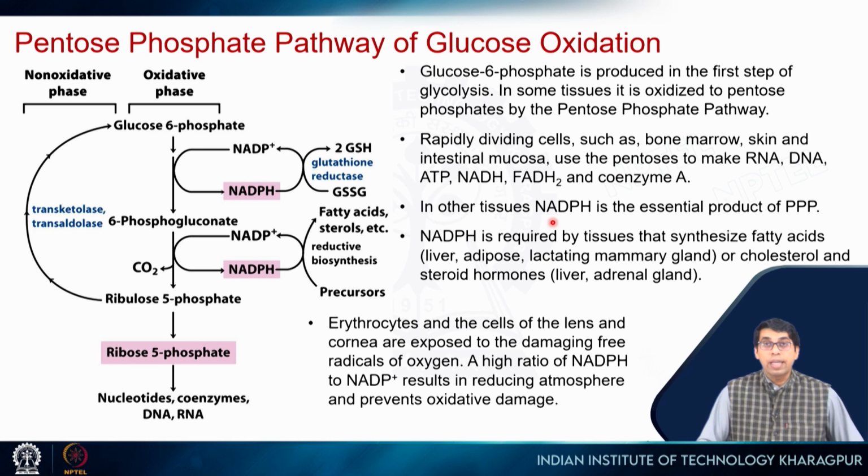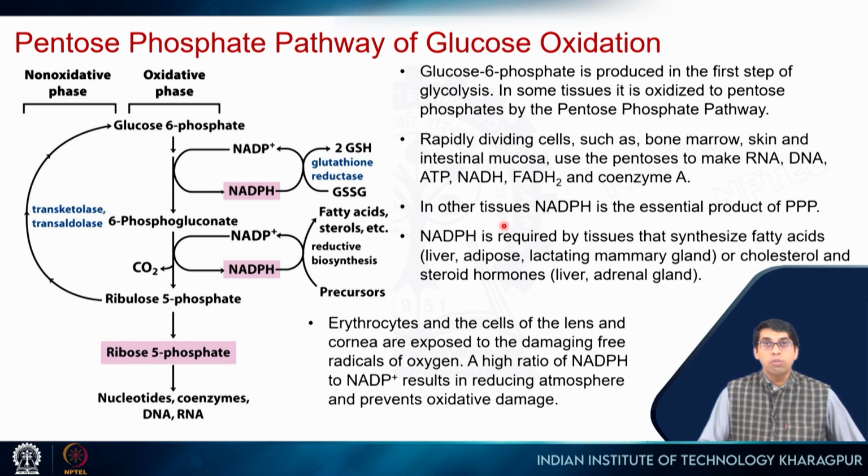So, in other tissues, NADPH is an essential product of the pentose phosphate pathway, right. So, production of NADPH is also something that is very important. Remember that when normal glycolysis is happening, we are using up NAD plus and we are producing NADH, right. But in other processes, NADPH is something that is used up.